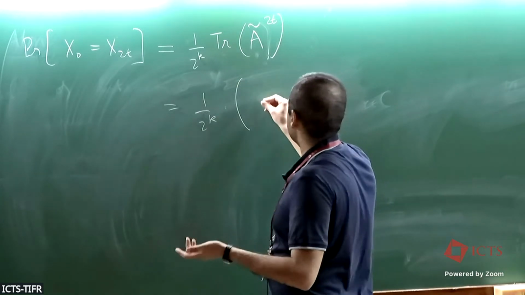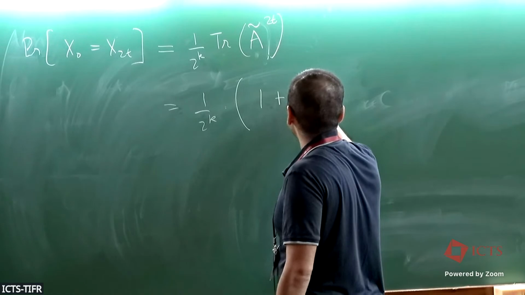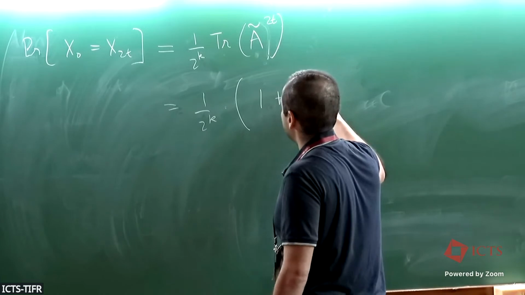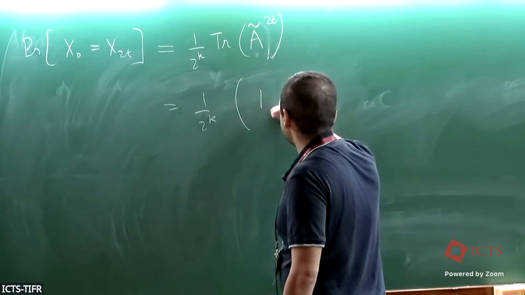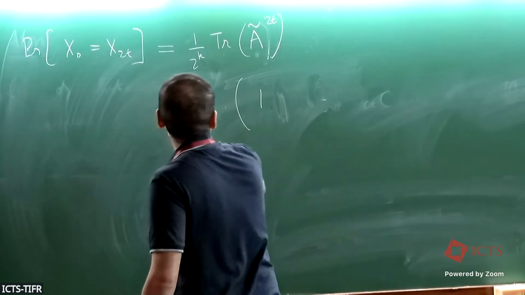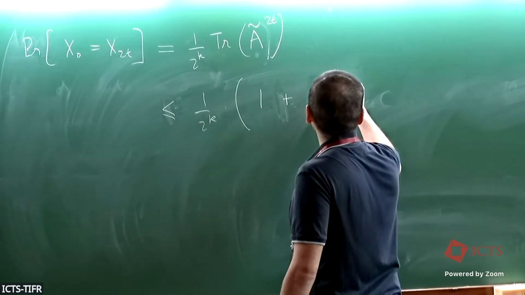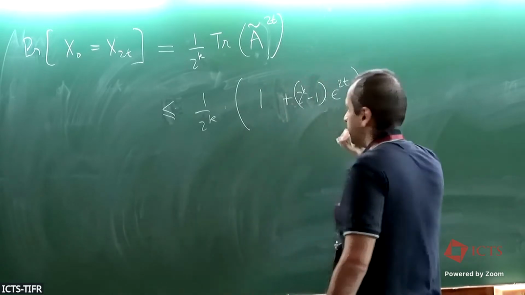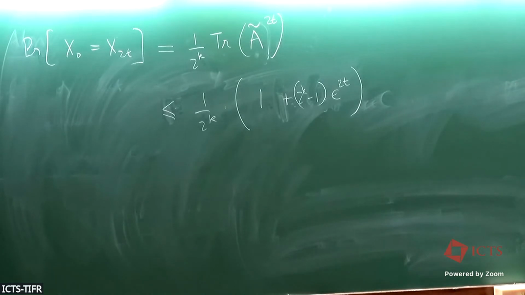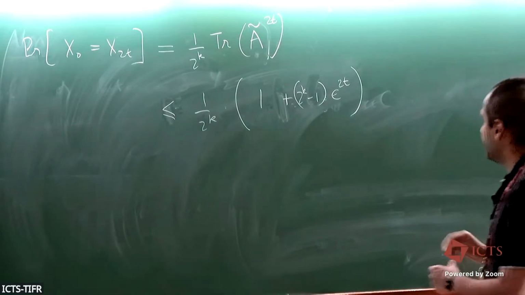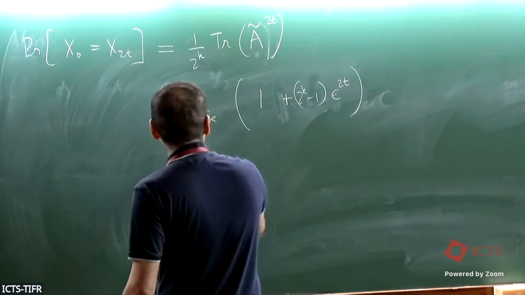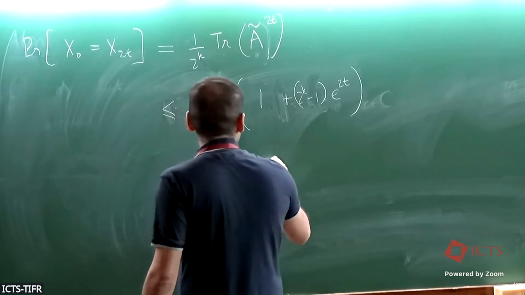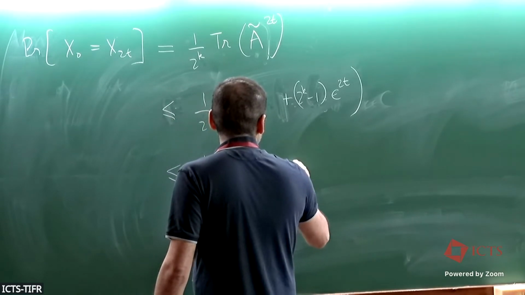So it is 1 plus the sum over all, so it's at most 1 plus epsilon to the 2t times 2 to the k minus 1. I'm going to bring the 2 to the k in. So this is at most, and the minus 1 I don't care for, 1 over 2 to the k plus 1 over 2 to the k times epsilon to the 2t.